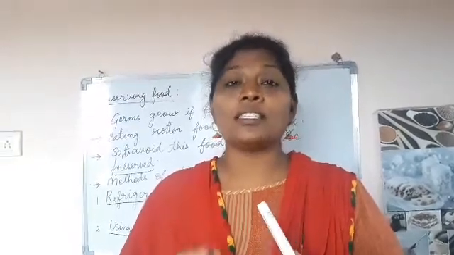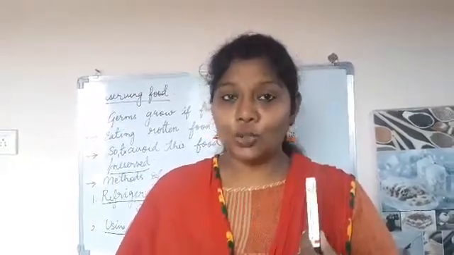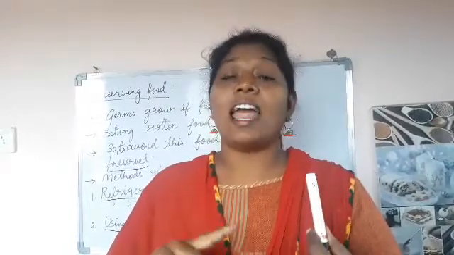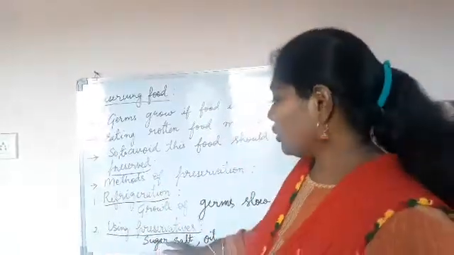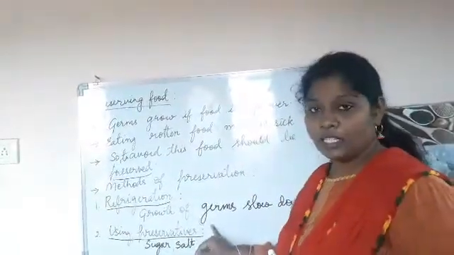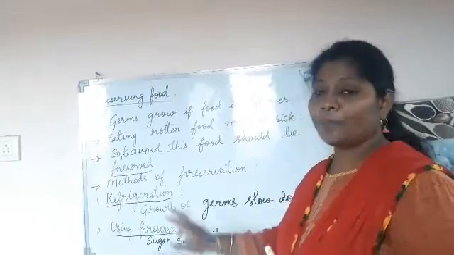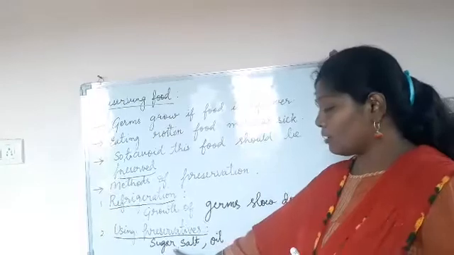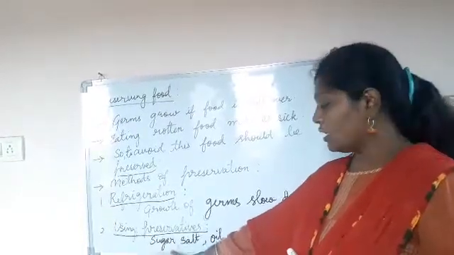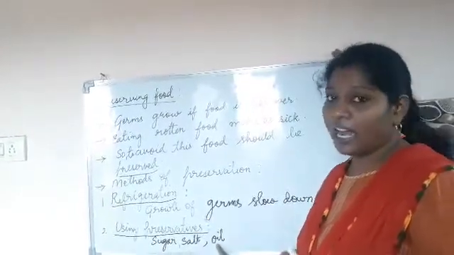So, children, here we are using products like sugar, salt and oil as preservatives to store some kinds of food material. Okay, children? What are those preservatives, children? Sugar, salt and oil.